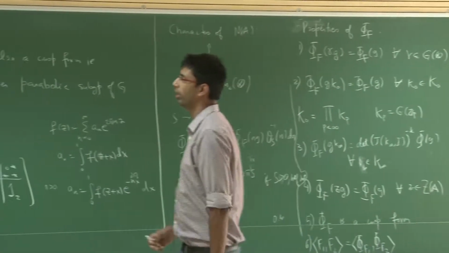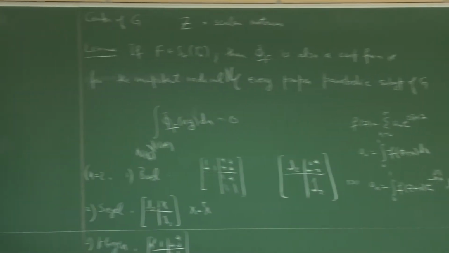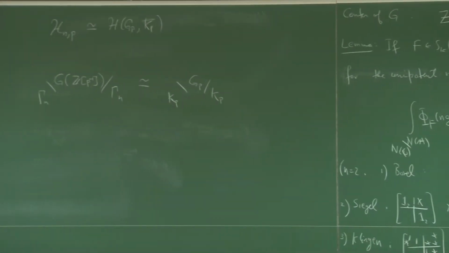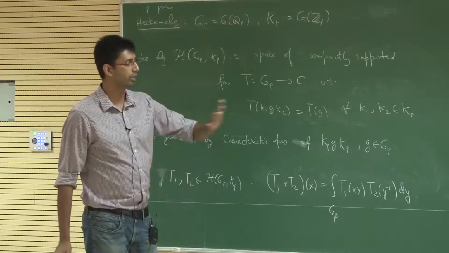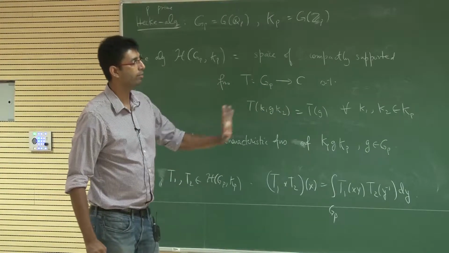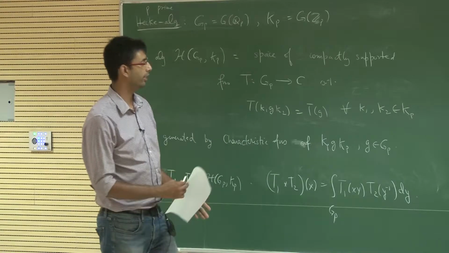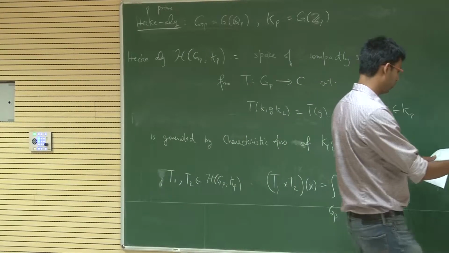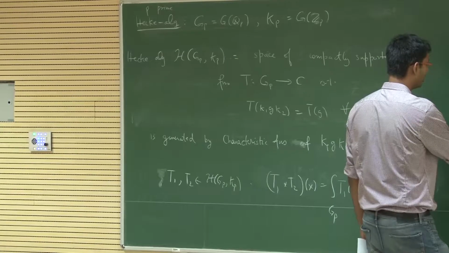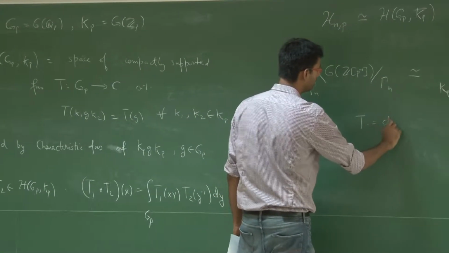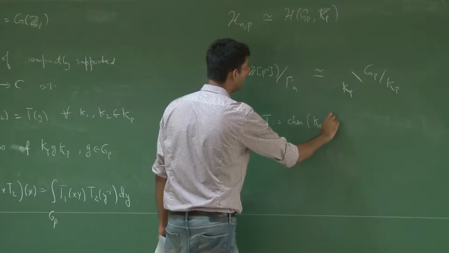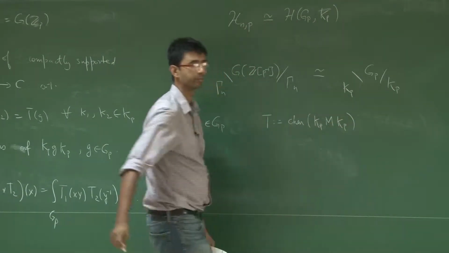Okay, so now we know how the classical Hecke algebra acts on classical Siegel modular forms. How does the p-adic Hecke algebra act on automorphic functions? You'll see that what I'm going to write down is very much like what we did in the classical case. So what we'll do is take m in Gp, and let T be equal to the characteristic function of Kp m Kp.